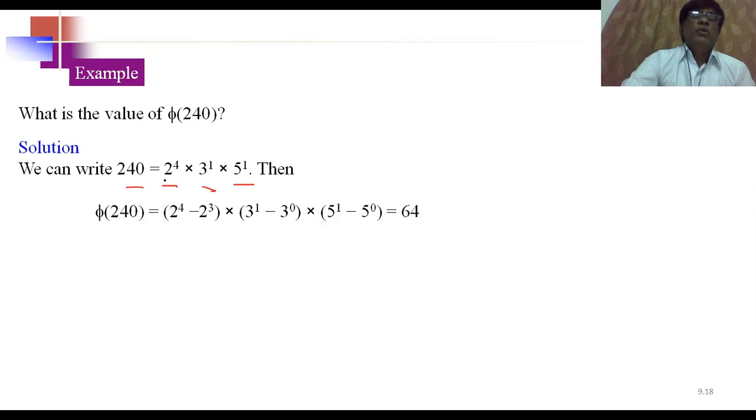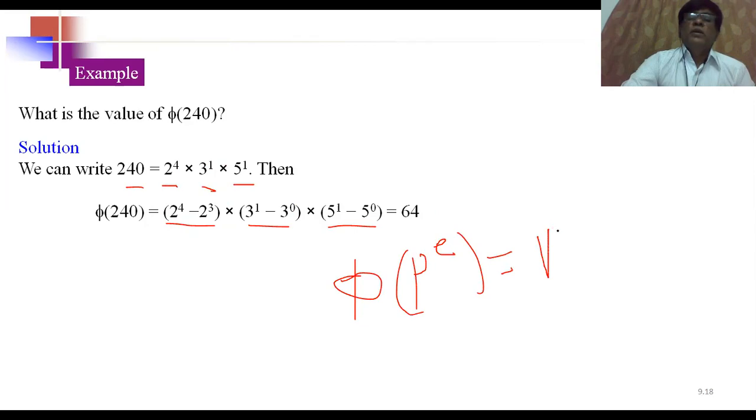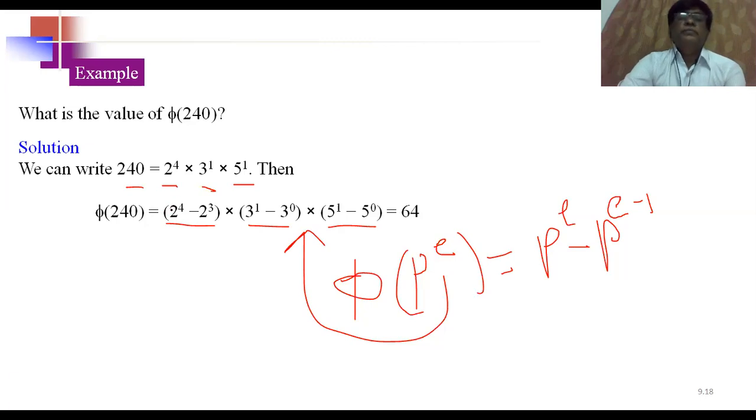So 2 power 4 can be written as 2 power 4 minus 2 cube, 3 power 1 as 3 power 1 minus 3 power 0, and 5 power 1 minus 5 power 0. This is the property: phi of p power e is equal to p power e minus p power e minus 1. So by using this property, we will calculate this value.